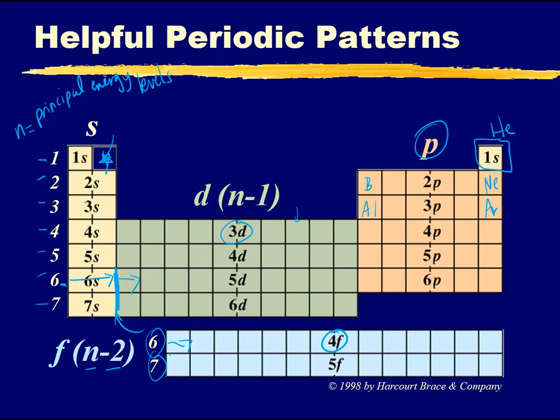So you have to remember to insert them right here if you're filling electrons in those particular energy levels. And then, of course, the 7th row is where the 5f would come in, and it would insert right here between the 7s and the 6d.